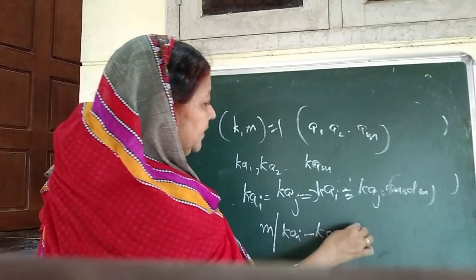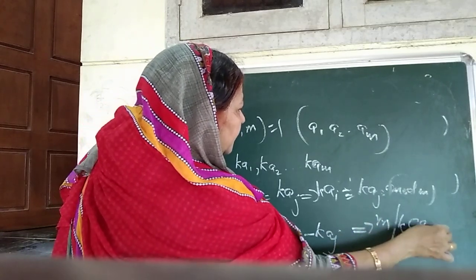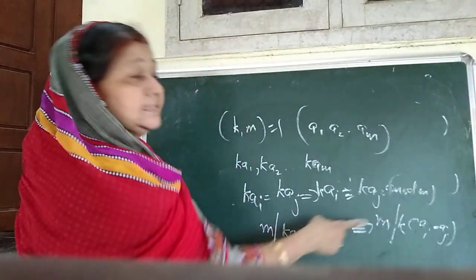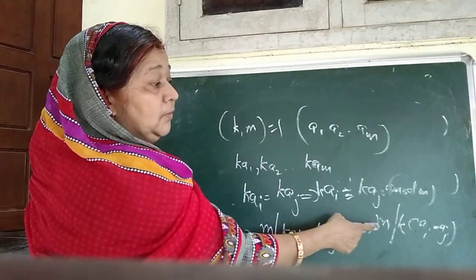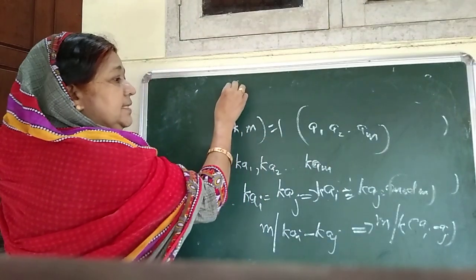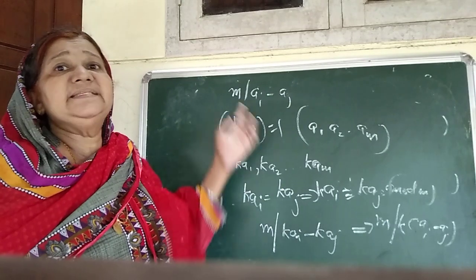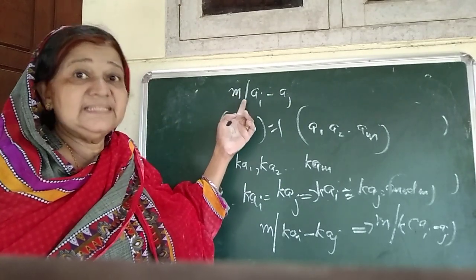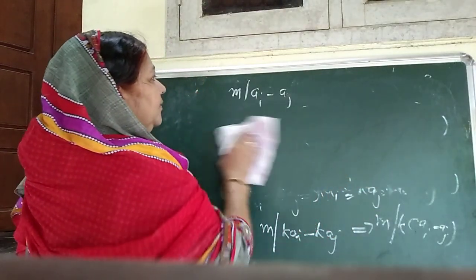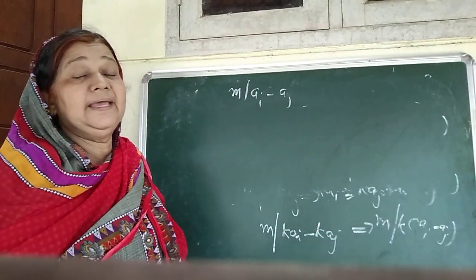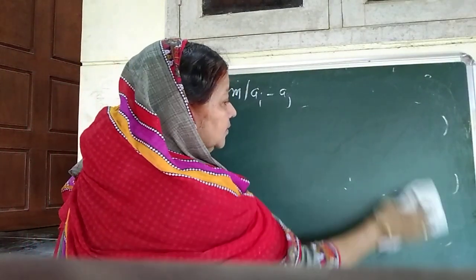That is, M divides K into Ai minus Aj. But M and K are relatively prime, so we can apply Euclid's lemma. Then we get M divides Ai minus Aj. But Ai and Aj are remainders, less than M. Therefore, M cannot divide Ai minus Aj. Therefore, K Ai is not congruent to K Aj.